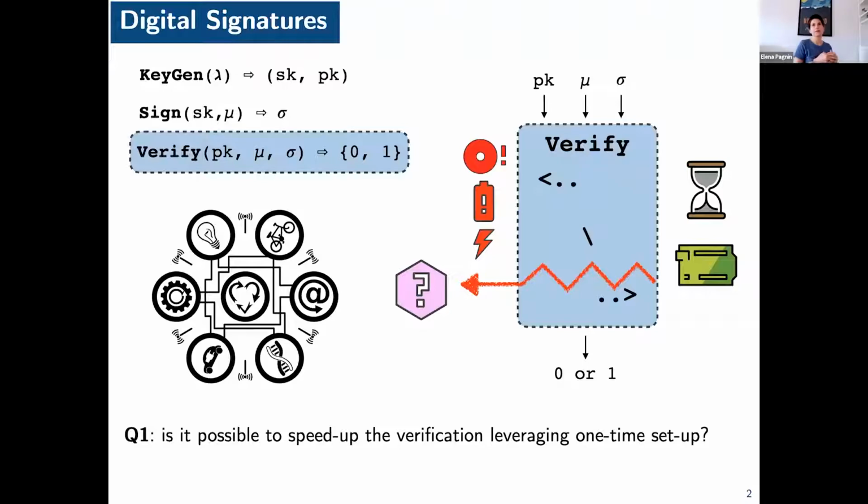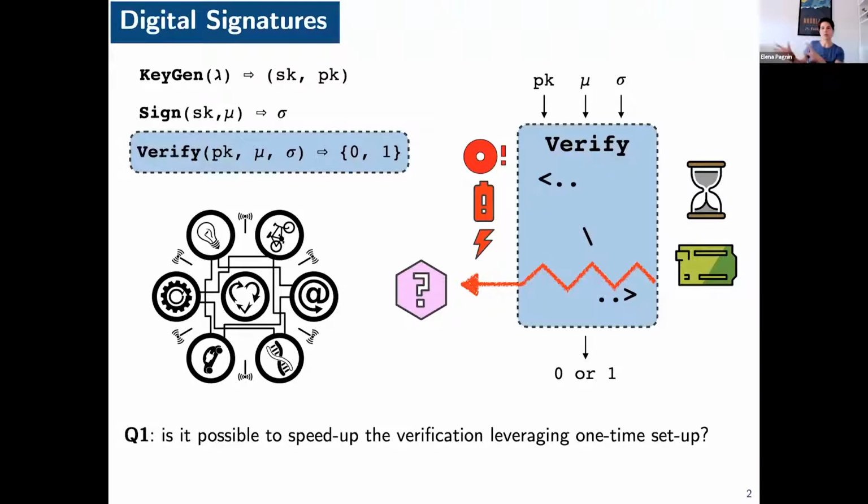To devise a completely new verification algorithm that is more efficient than the existing one without any other assumption would basically imply having a more efficient verification than the one that has been studied for years. So we want to do that.